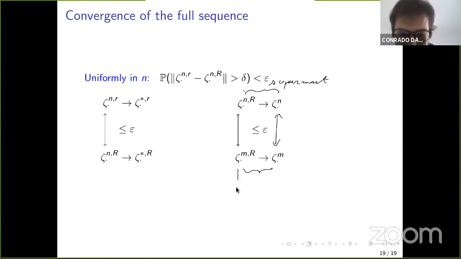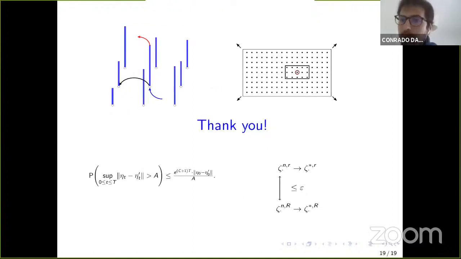That's just the convergence. This is going to S star of R. So we can make the 3 epsilon argument across. So we can say that the processes themselves form a Cauchy sequence. And that concludes what I wanted to tell you for now, for this first part. Thank you so much.